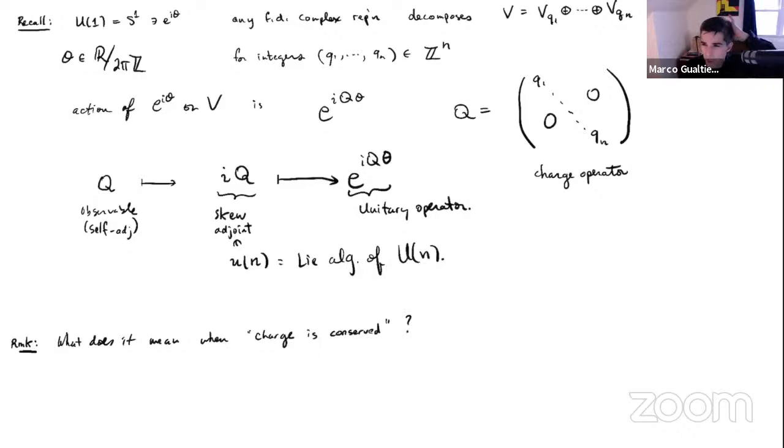When they mean that charge is conserved, like mass is conserved, or energy is conserved, or electric charge is conserved, what it means is that in the evolution of the system, charge doesn't change. But the evolution of the system is given by a different observable. It's given not by the charge observable, but by the Hamiltonian.